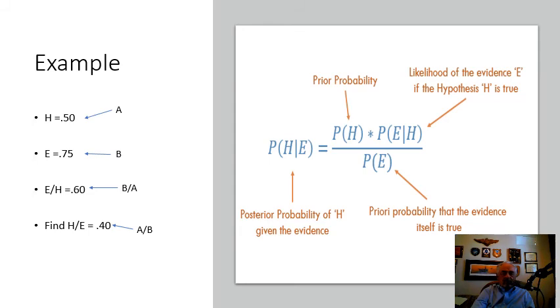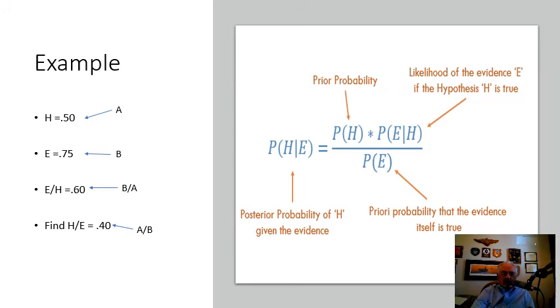Here we have the evidence of B is 0.75. Here we have the evidence E given the knowledge of H is 0.60 and so forth and so on. So you get an idea of how we can plug in numbers into this equation to come out with an example.